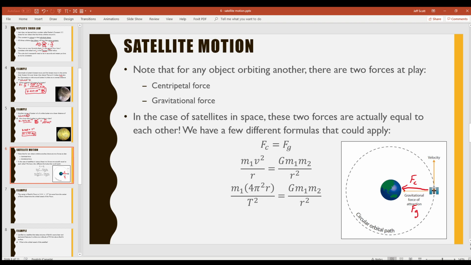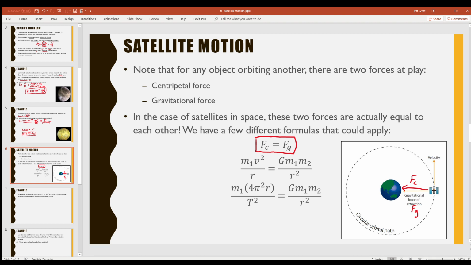In space, those would be the only two forces that would ever actually be acting on this, because the vacuum of space is more or less a frictionless environment. Since those are the only two forces acting here, and they're both pointing in the same direction, we can therefore say that our centripetal force is equal to our gravitational force.